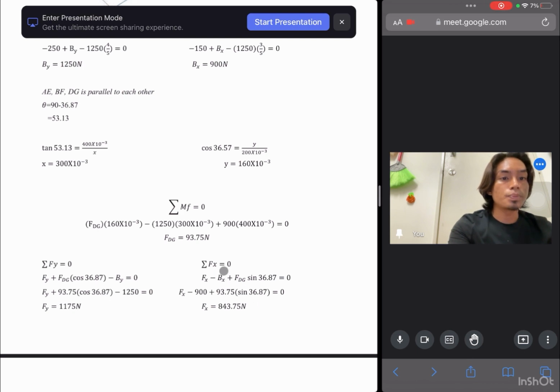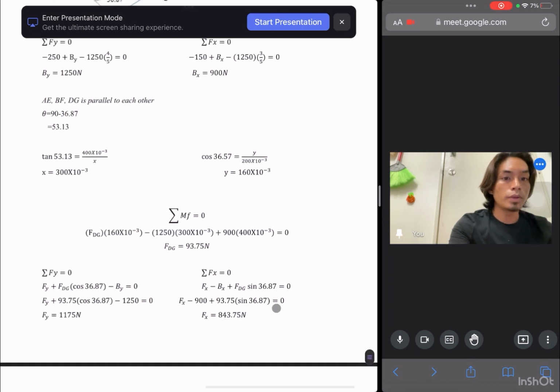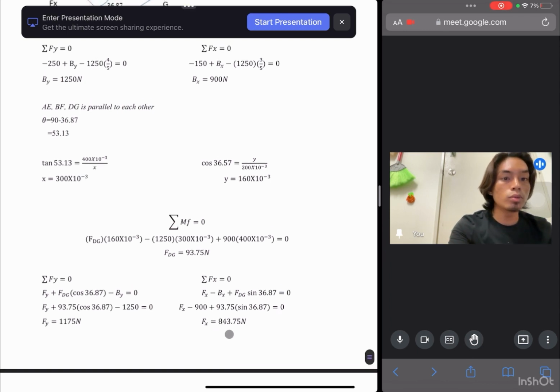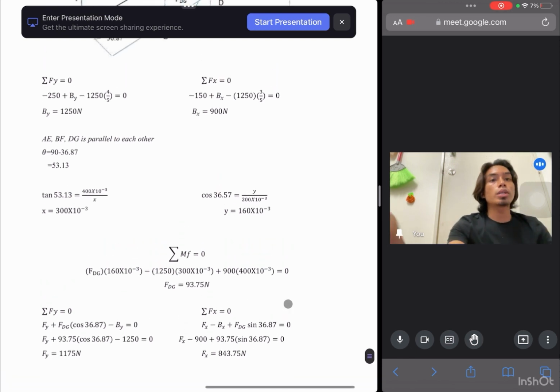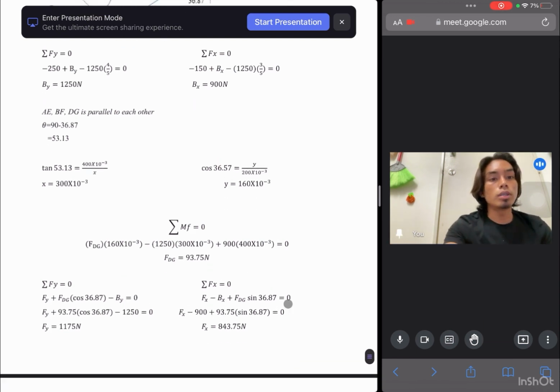For the Fx, summation of Fx equal to 0, Fx minus Bx plus FDG sin 36.87 equal to 0. So we just put this answer into this equation. So we can get the force at point F, Fx, is equal to 843.75 Newton.